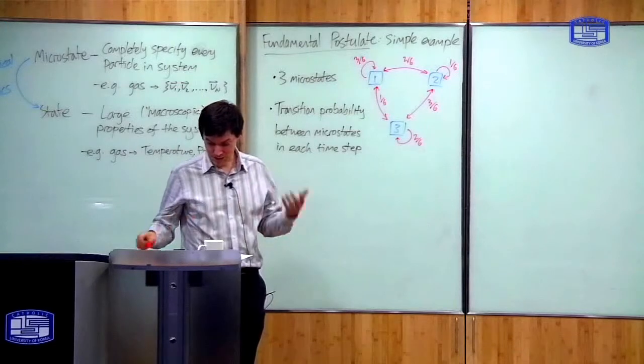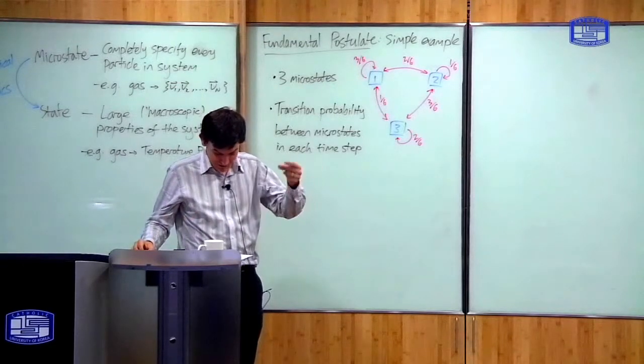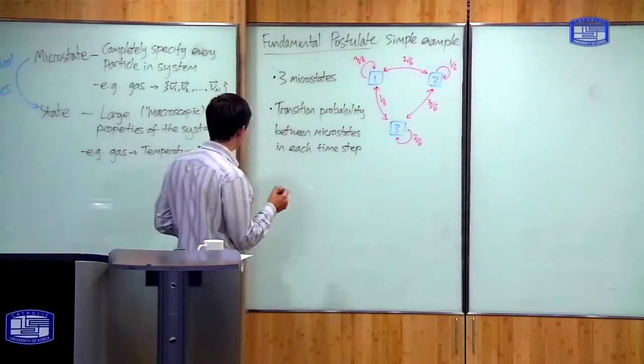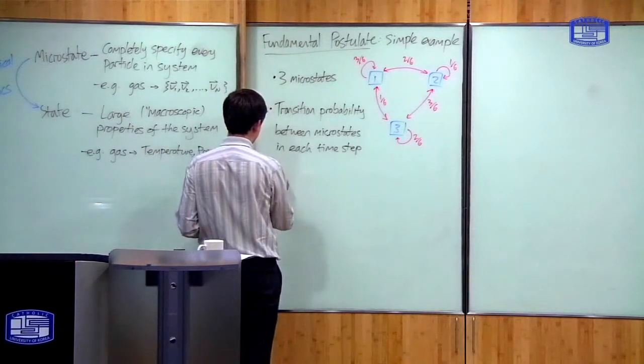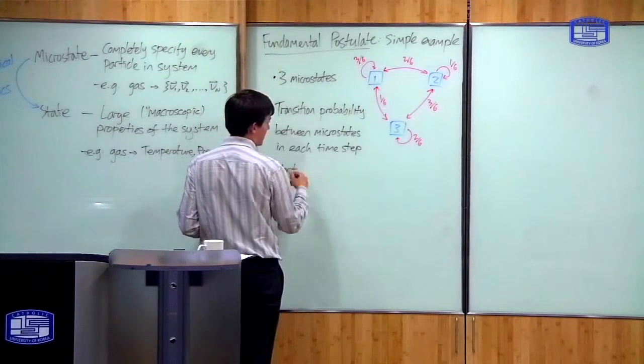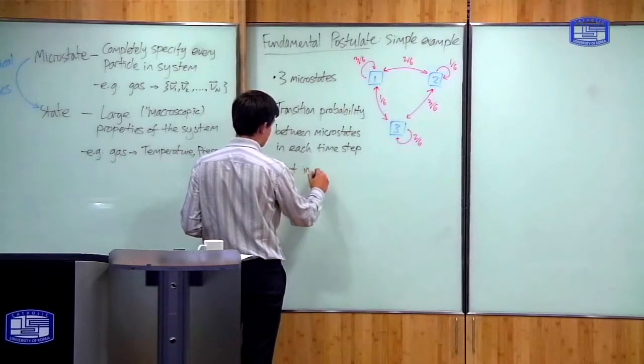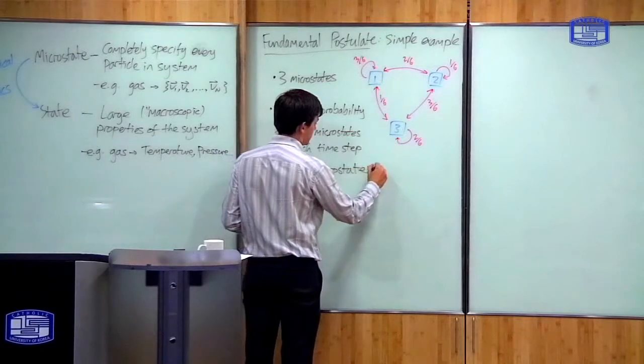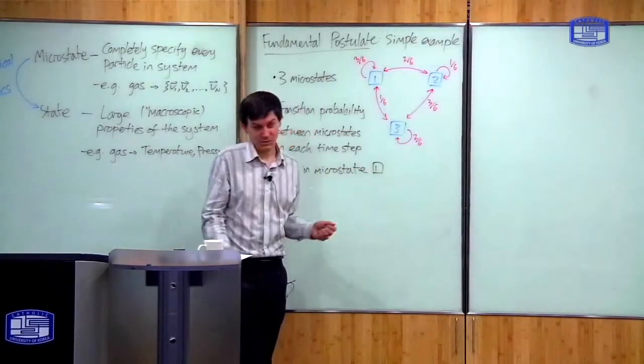So I just want to see what happens as I take time steps forward, as the system evolves. Okay, so we may as well start in number 1. So we're going to start in microstate 1.